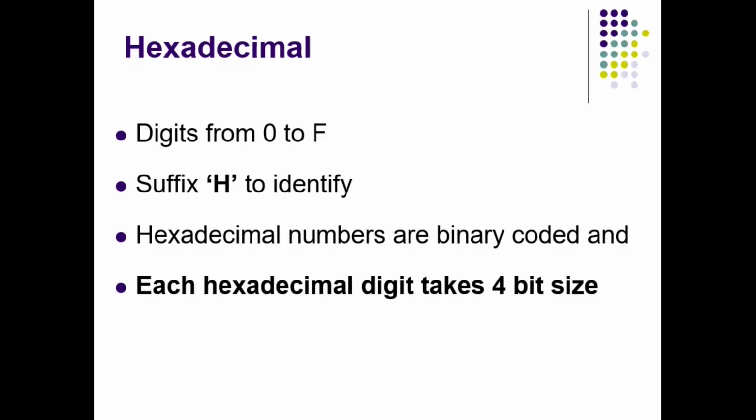One important thing about hexadecimal numbers is that they are by default binary coded, and each hexadecimal digit we write takes 4 bits in binary. That means when I have a hexadecimal number, I can represent each digit using a 4-bit binary number. This helps you in conversion of hexadecimal to binary and binary to hexadecimal, and this is very important to study memory. The point is that every hexadecimal digit is 4 bits in binary.